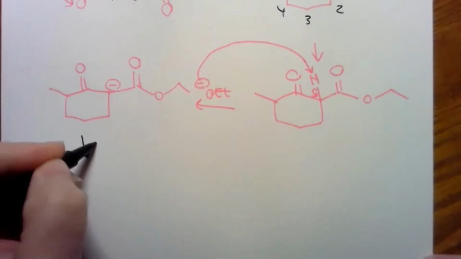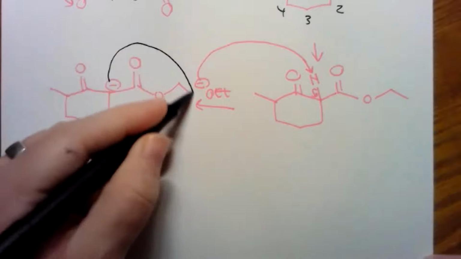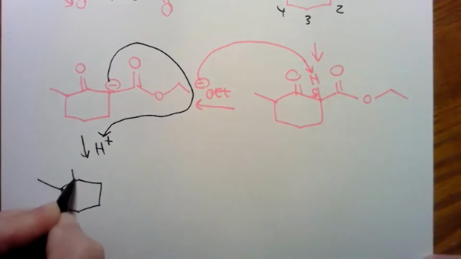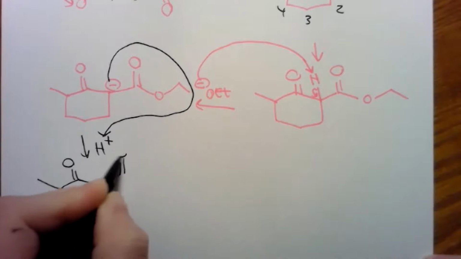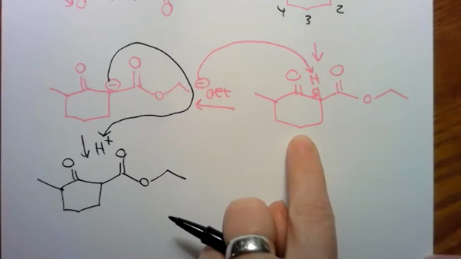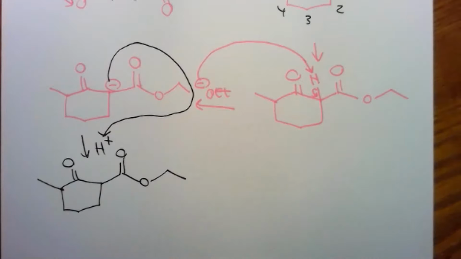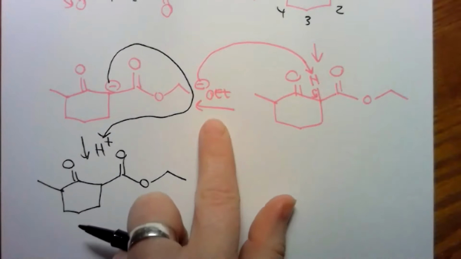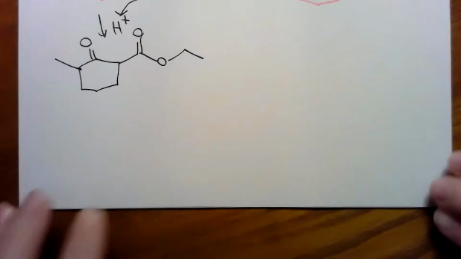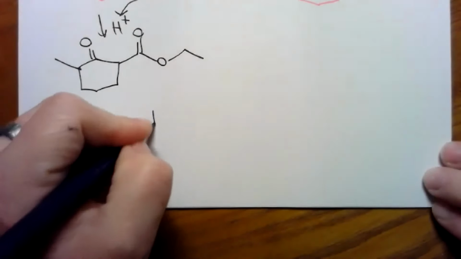And then you add acid workup to get you this final product, which is actually identical to this pink one over here. But Claisen does not work unless you've got 2 alpha hydrogens. This step is irreversible so that you can get some appreciable Claisen product. That's pretty much all we have to say about Claisen.